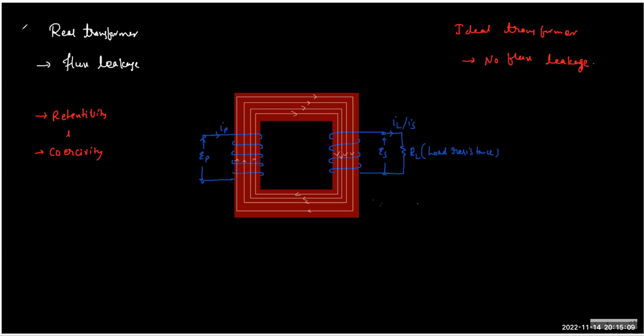And this entire process of magnetization and demagnetization of an iron core leads to loss of energy. This kind of loss of energy is called hysteresis loss, or magnetic hysteresis loss.